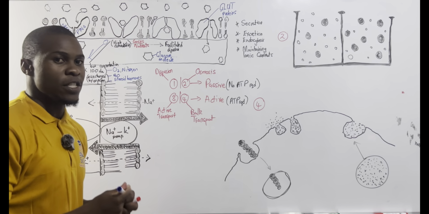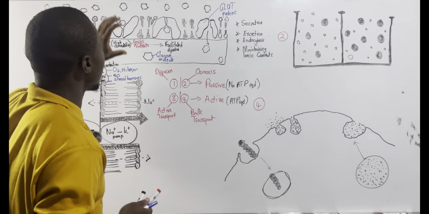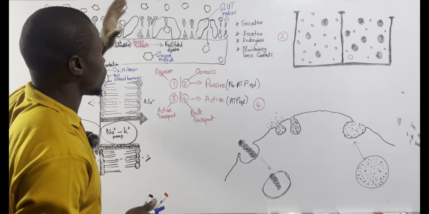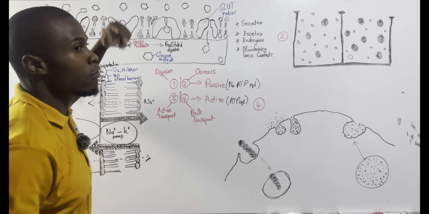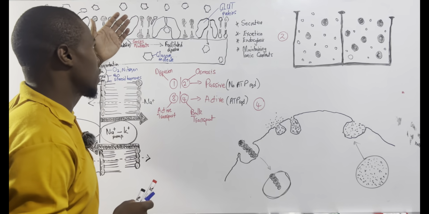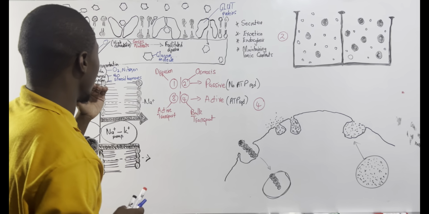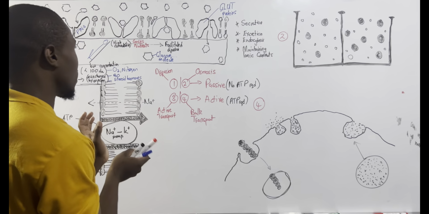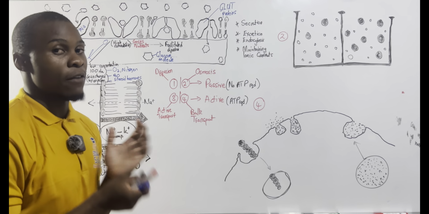Remember, for transport to occur in diffusion, molecules move from high concentration, in this diagram outside where they are highly concentrated, to inside where there is low concentration. That's what creates what we call the diffusion gradient.